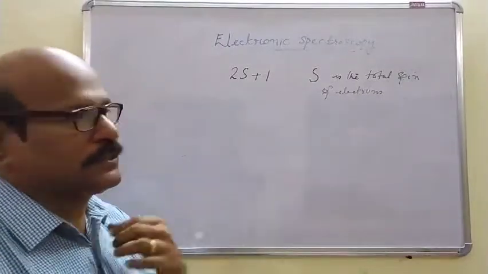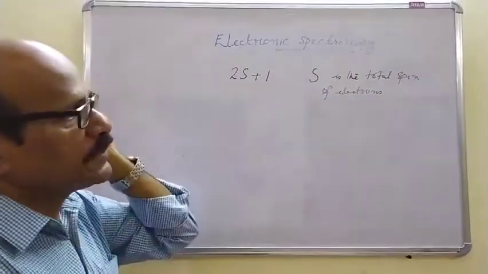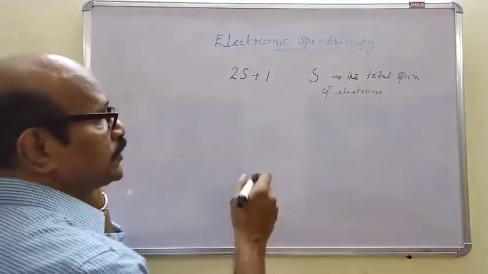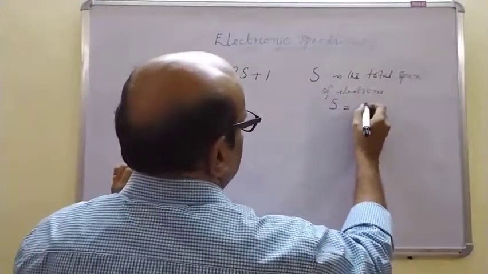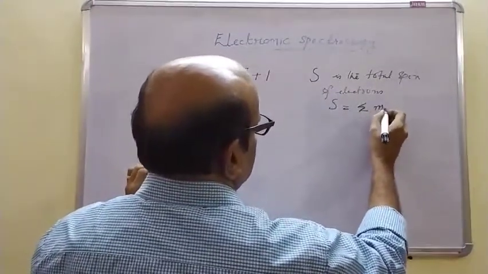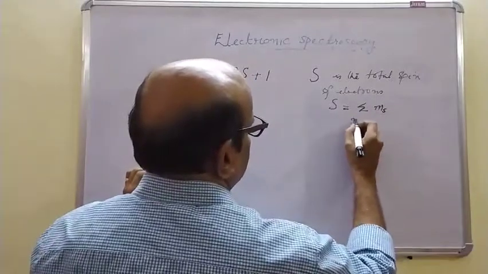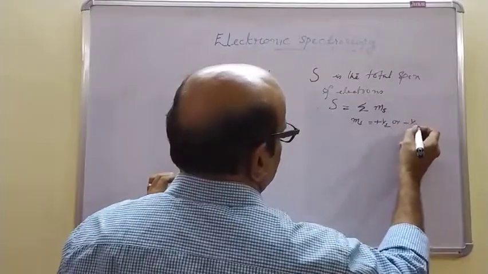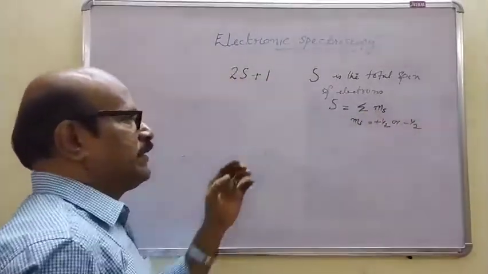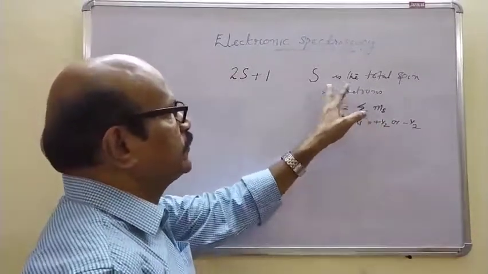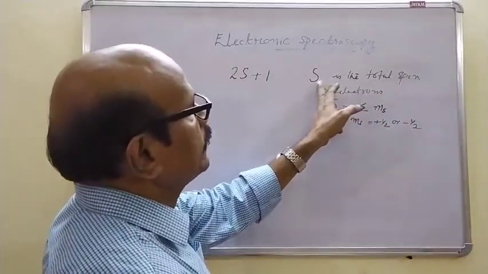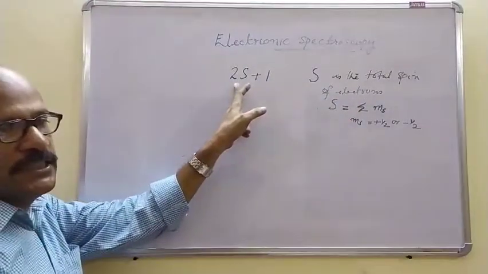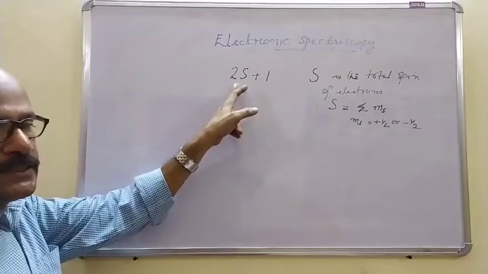It is the total spin of the various electrons present in the molecular species, usually represented as S equal to the summation of ms, where ms is equal to plus half or minus half. So it is algebraic: the summation of these various ms values of the electrons gives the total spin of the electrons in the molecular species. Therefore, spin multiplicity is defined by the term 2S plus 1.